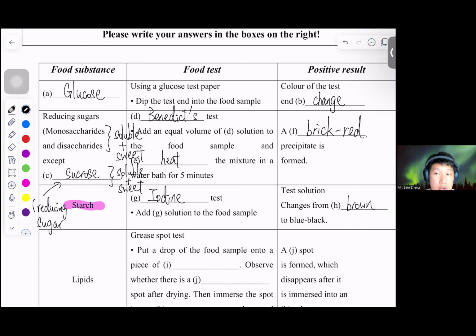Precipitate means that originally there is no solid, but after some reaction or precipitation occurs, some solid comes out, and that solid is what we call the precipitate. This kind of precipitate indicates a reducing sugar.